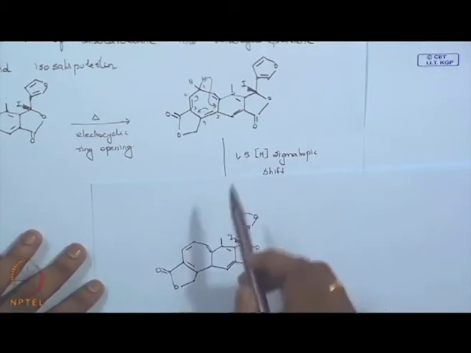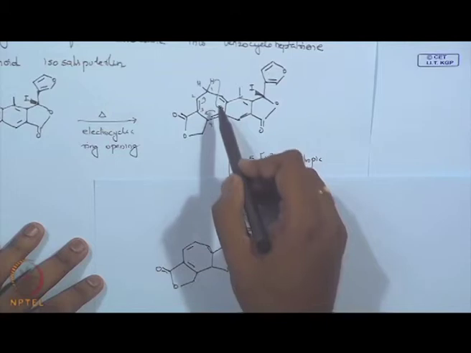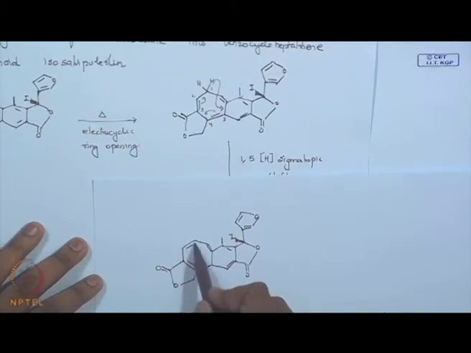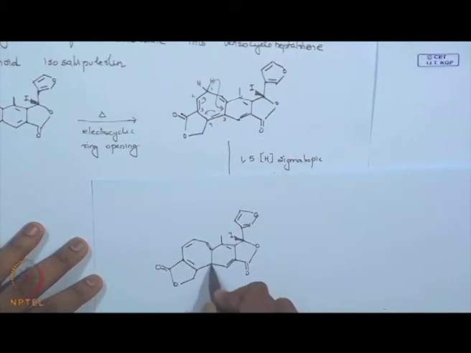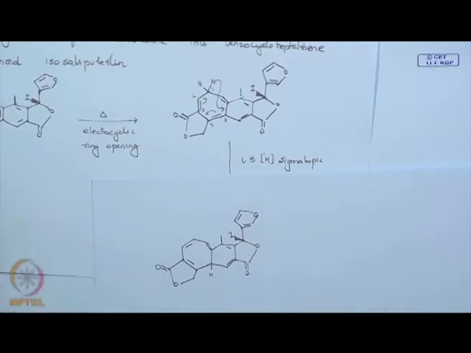It is a 1, 2, 3, 4, 5 shift. So my hydrogen moves across here, it comes here, so my double bond shifts. I have a shift in the double bond, and it has moved to this place. So this is my hydrogen. This is the 1,5 hydrogen shift.